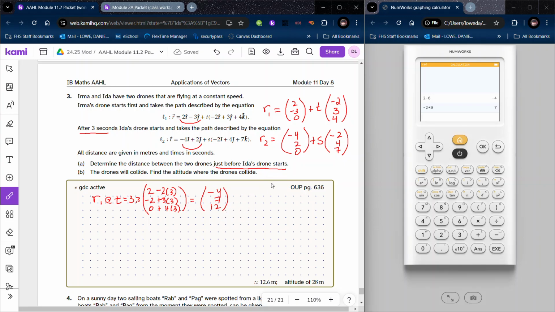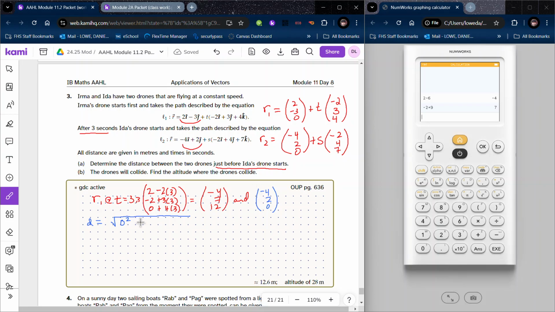And so I'm trying to figure out the distance between. I have -4, 7, 12 for one drone, and my other drone is at its initial starting position, which is -4, 2, 0. Our distance is going to be given by the square root of the differences squared. The difference between -4 and -4 is 0.